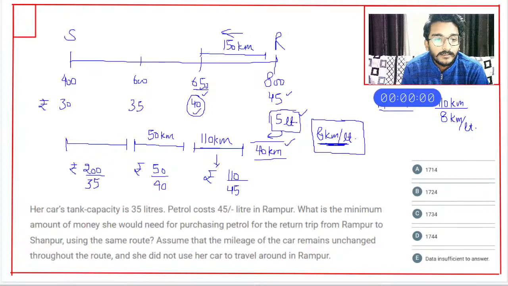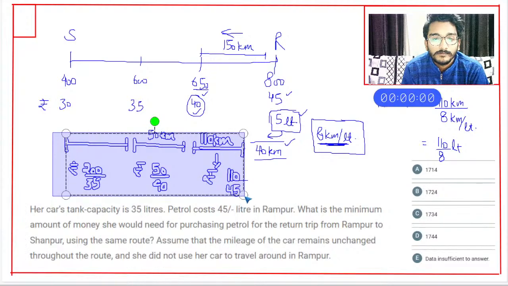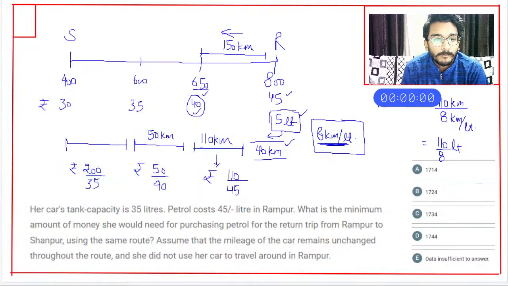This is giving me the liter value. And how many liters, what is the cost here? The cost is 45. So this is the first value that we have to calculate.